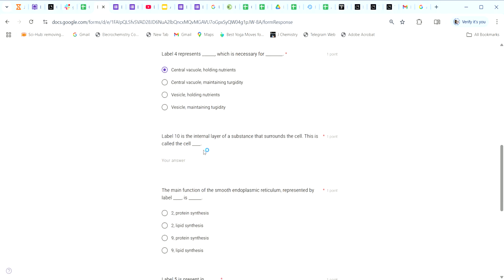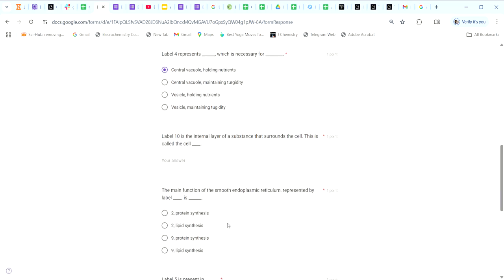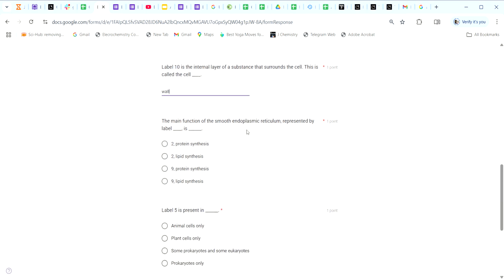Label 10 is the outer layer of the substance that surrounds the cell. This is called the cell wall, I think. The main function of the smooth endoplasmic reticulum, represented by the label: lipid synthesis.